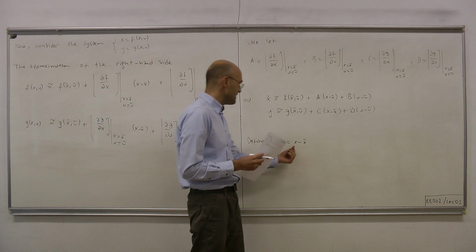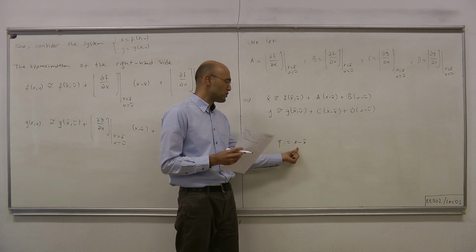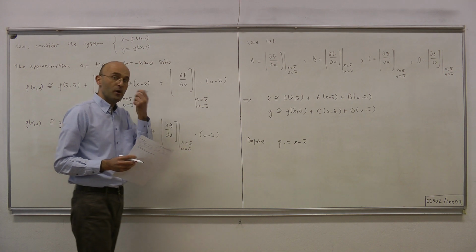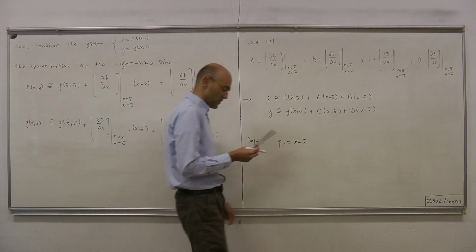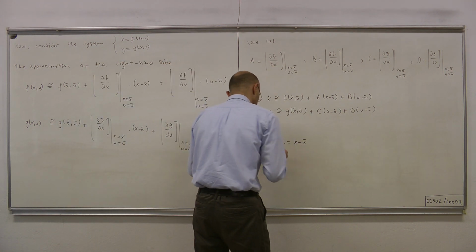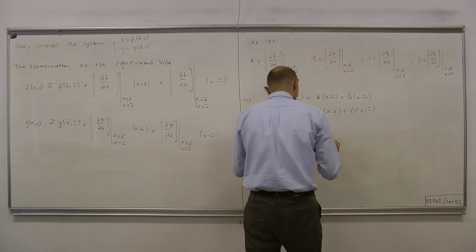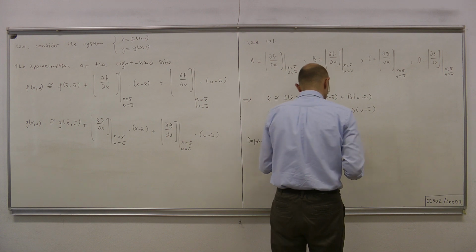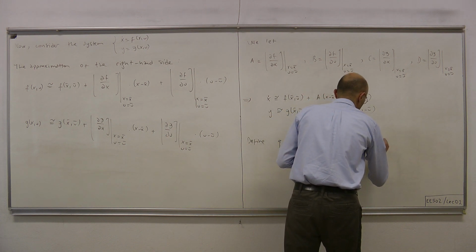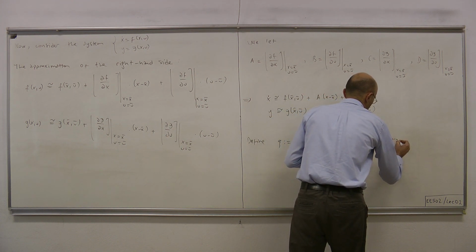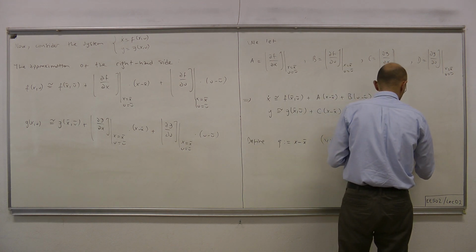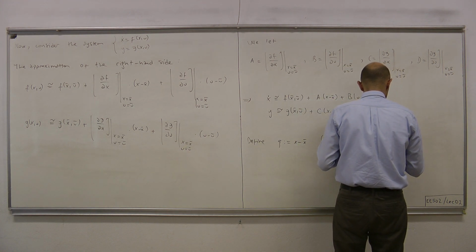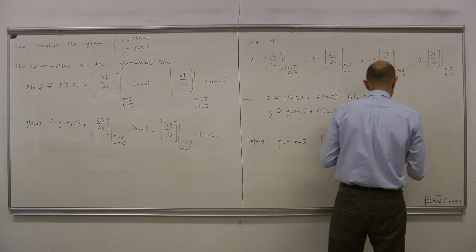So it's the deviation of the true state from the point where you're performing the approximation. And so this we can call the variation of state x around x bar.